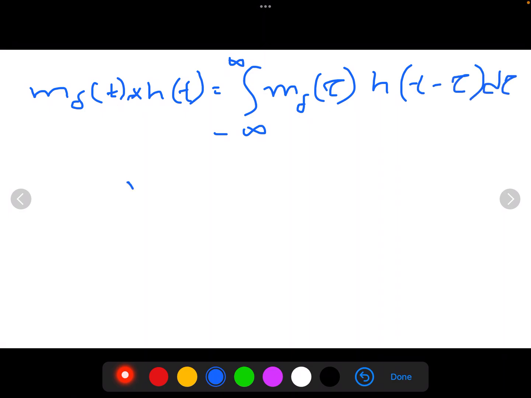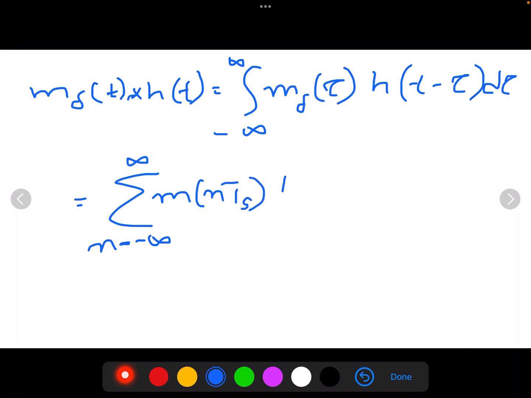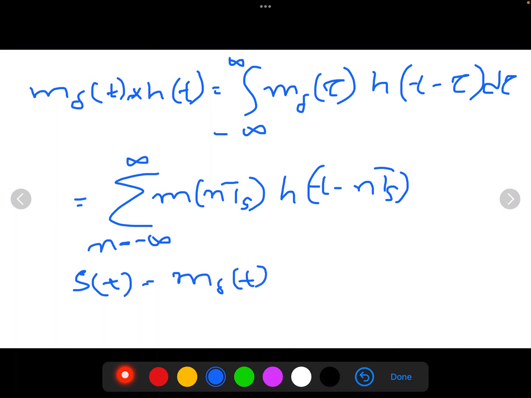After suitable arrangements, we can write this as the summation n from minus infinity to plus infinity of m of nTs into h of t minus nTs. So s of t, the modulated signal, is equal to m delta of t convolved with h of t.